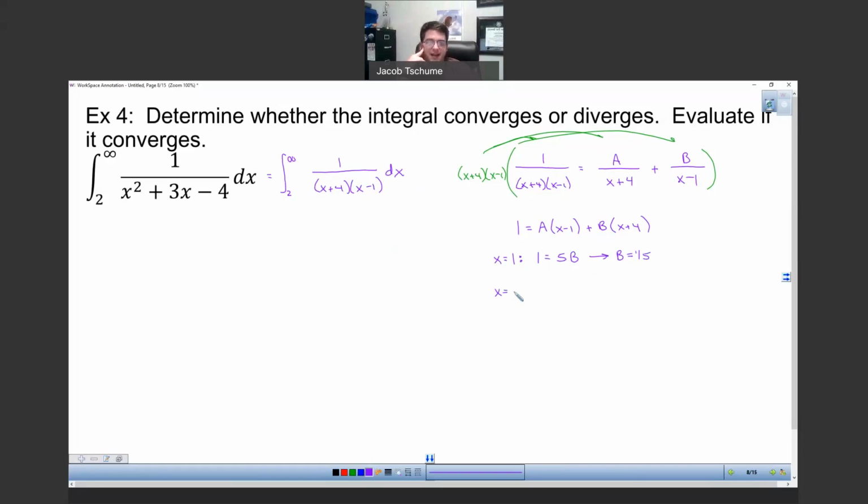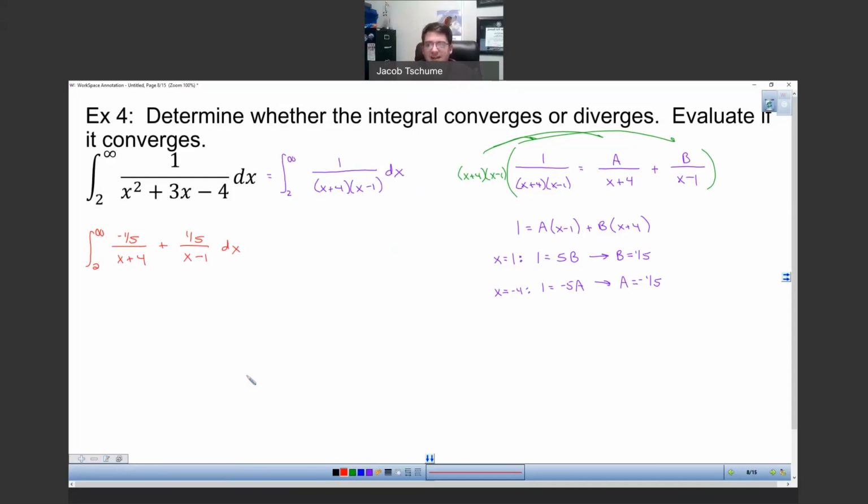Then if I let x equal negative 4, I could say that 1 equals negative 5A, so therefore A is negative 1/5. I can now rewrite my improper integral, and we are going to integrate from 2 to infinity of negative 1/5 over x plus 4 plus 1/5 over x minus 1.